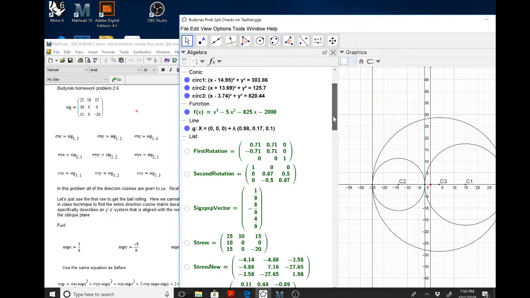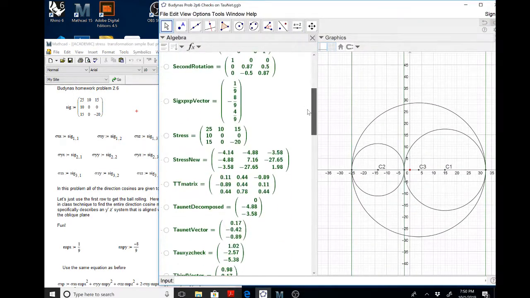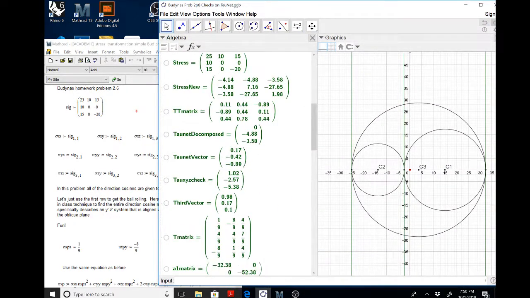To put in a matrix in GeoGebra, we just use the curly bracket. So the trial matrix is curly brackets for the whole thing, and spaces are ignored. And then curly brackets per row.